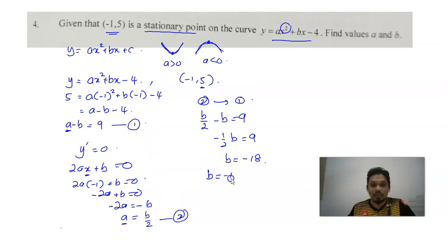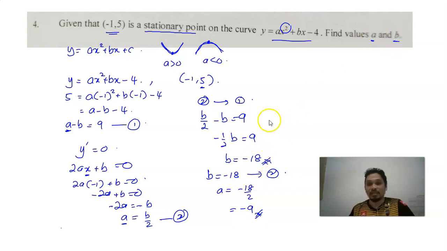Into equation 2, a equals negative 18 divided by 2, equal to negative 9. So the values are a equals negative 9, b equals negative 18. Then you could substitute to find the complete equation of this quadratic, but the question only wants us to find the values of a and b, not write down the complete function of y. It's all up to you.